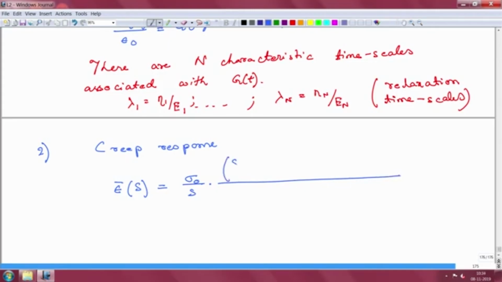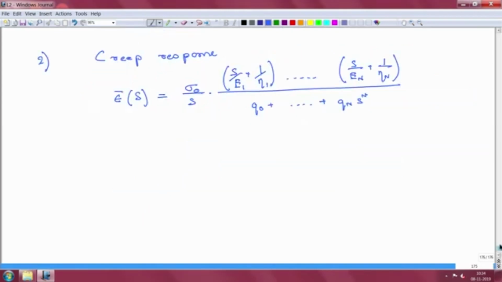So, you have on the numerator s by E 1 plus 1 by eta 1 and all the way till all your n multipliers, and on this side you have q 0 plus all the way till q n s^n. So, this entire thing again can be factored just like we had done it for the previous case.